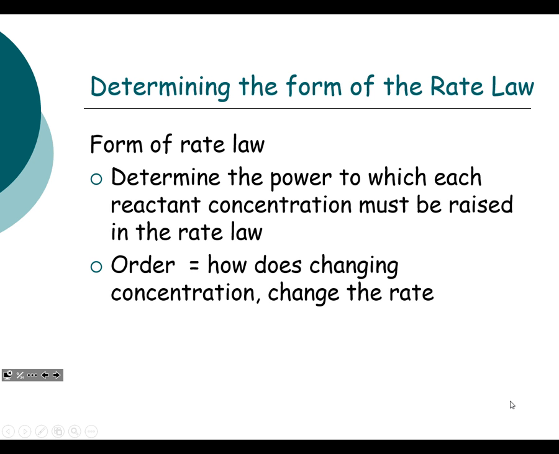If I double the concentration, does the rate of the reaction double? Does the rate of the reaction quadruple? What happens to it? If I double the concentration of the reactants and nothing happens to the rate, that tells me something else. So whenever you want to think about order, what does order mean? It's how does changing the concentration change the rate?